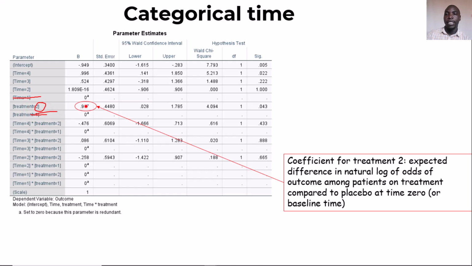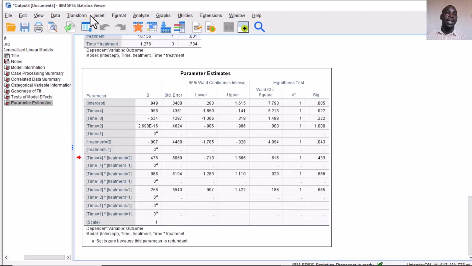So this coefficient would mean the expected difference in natural log of odds of outcome among patients on treatment compared to placebo at time 0 or baseline time. As you can see, it is very hard to interpret the coefficient in terms of log odds or the natural log of odds. So I highly recommend you go and get the exponents of beta, which show the odds ratios.